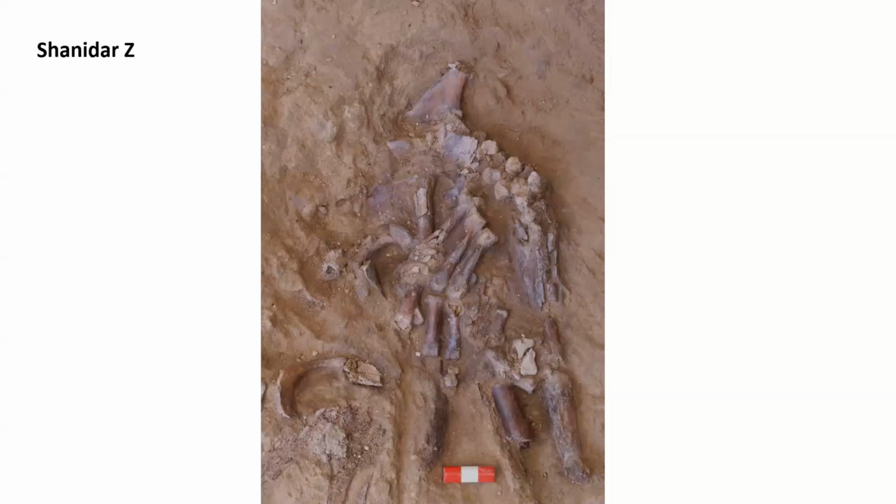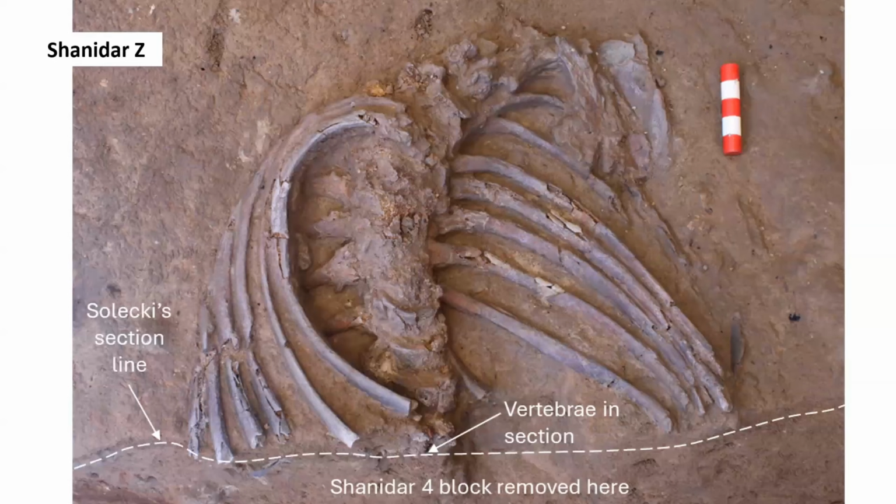Underneath the skull, we then have this left forearm, so you can see the hand here tightly flexed, the shoulder girdle here, and parts of the left arm. Under that, what we have is a very complete rib cage and spine, although aspects like the spine here are in really poor condition.